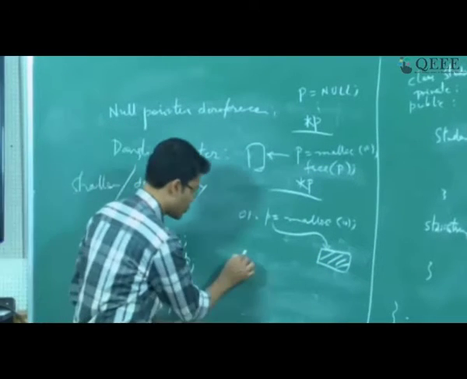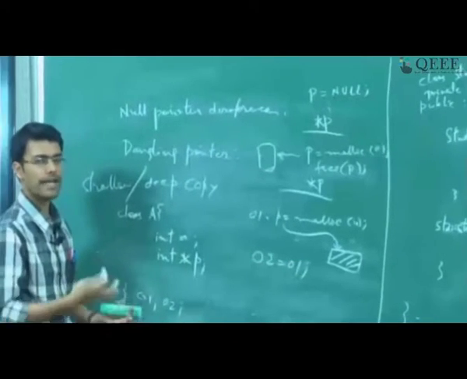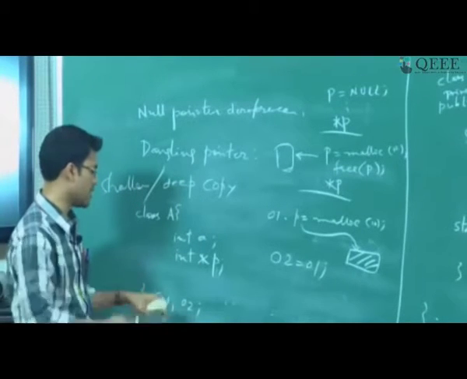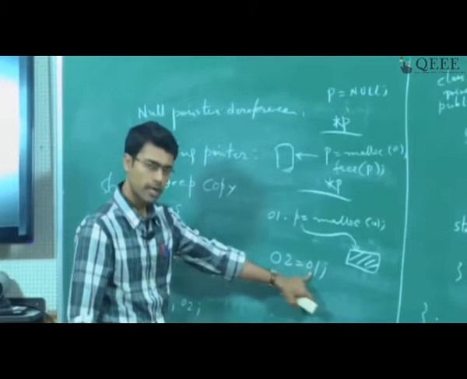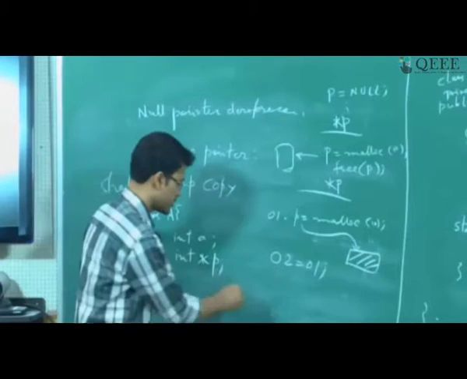Now if I do O2 equal to O1, that is going to create a byte wise memory copy of all of this, which means that O2.A will contain the value of O1.A, and similarly O2.P is going to contain the value of O1.P.